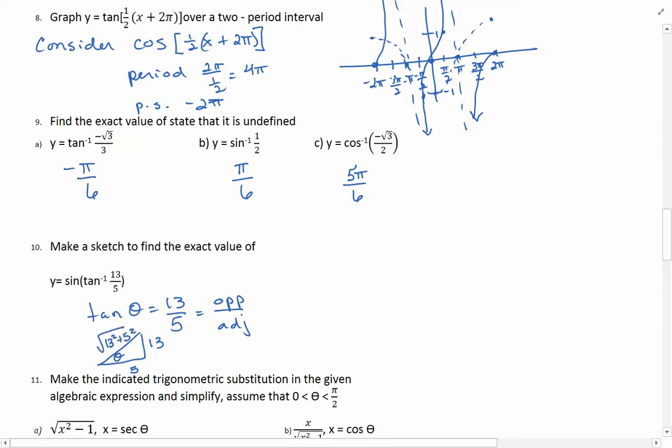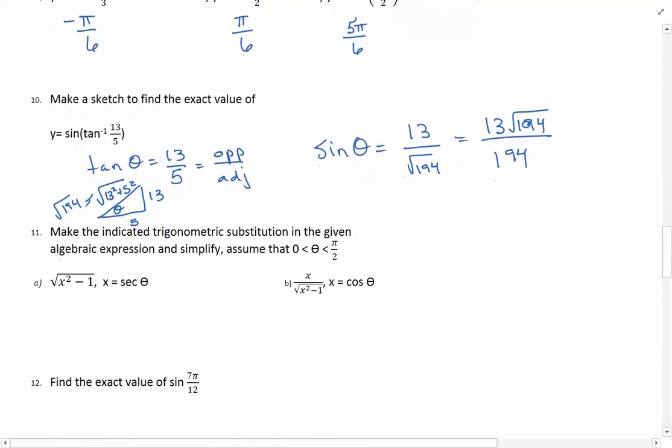That is 169 plus 25, which is 194. So this is equal to the square root of 194. And so the sine of theta is equal to opposite over hypotenuse, so 13 over the square root of 194, which if you want, you can rationalize to be 13 times the square root of 194 divided by 194.